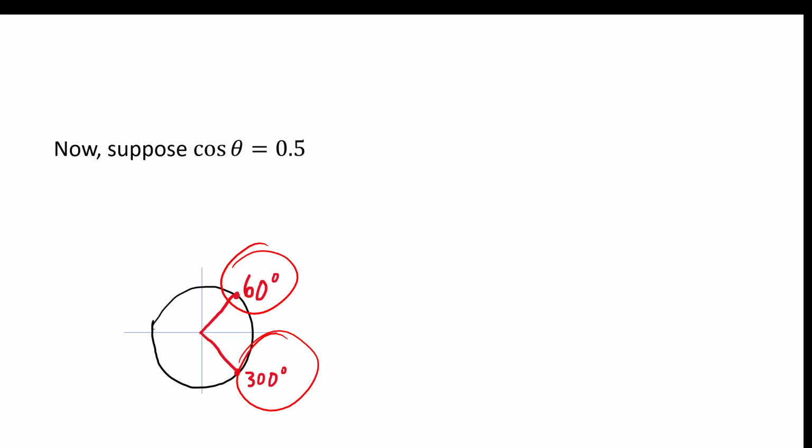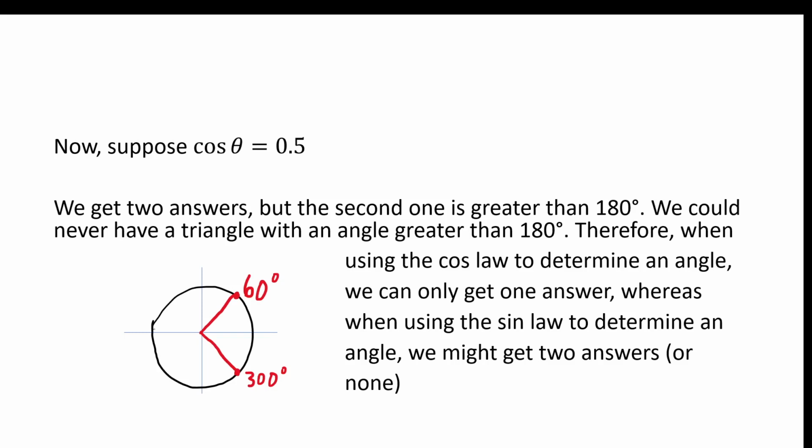There's no way a 300 degree angle could possibly be in a triangle. So we know that second answer will never be true. So that's why when using the sine law to find an angle, we have to consider the possibility there could be two answers. But using the cosine law to find an angle, we know that there will only be one. Okay?